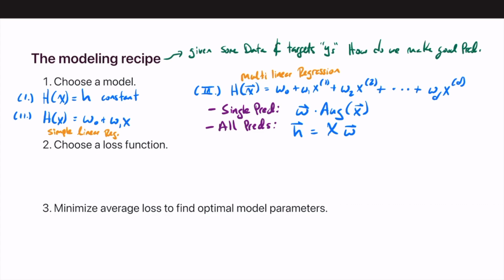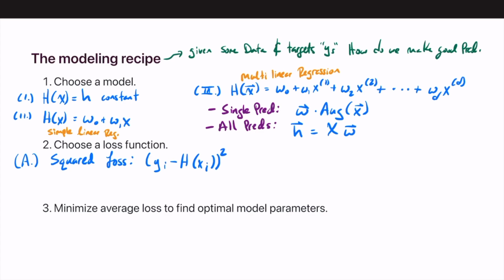So for example, we looked at squared loss, which was y sub i minus whatever our hypothesis was, h of x sub i, and that is going to be squared.